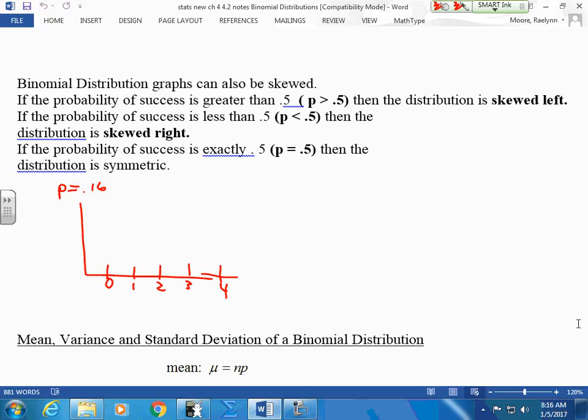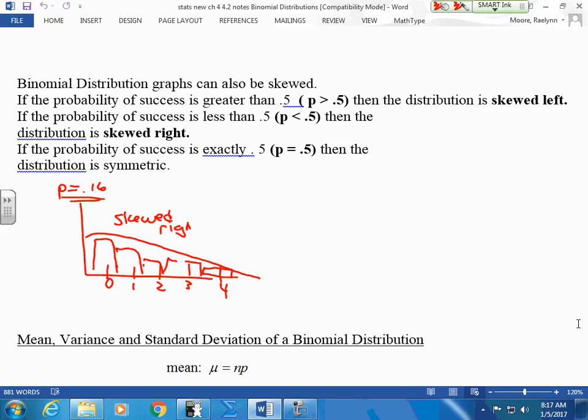So do I expect big numbers down here for 4 out of 4 people to say yes? I expect this to be small, don't I? I expect this one to be a little higher. This one to be a little higher. I expect it to look like this. If my probability is very small, I don't expect everybody to say yes. Right? So this is skewed to the right.